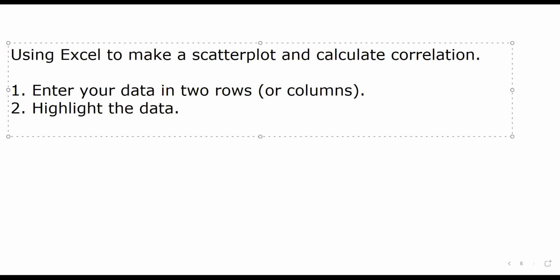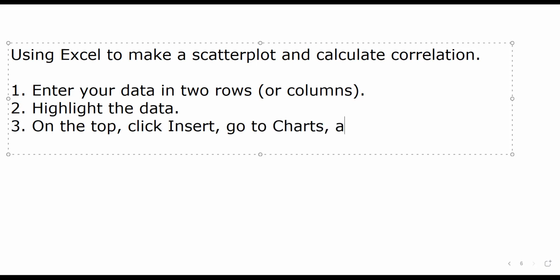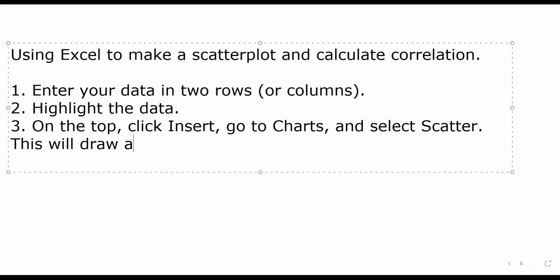And what I mean by that is where you put the cursor in one corner of the data, hold down shift, and then move around until all the data is highlighted. On the top, click insert, go to, I think it was charts, and select scatter. This will draw a scatter plot.